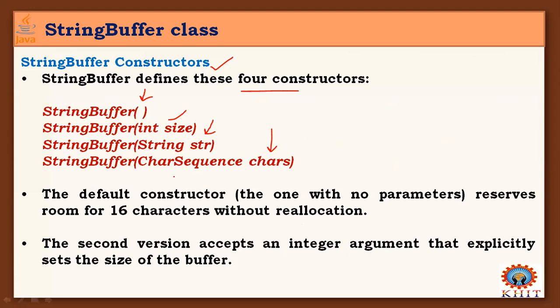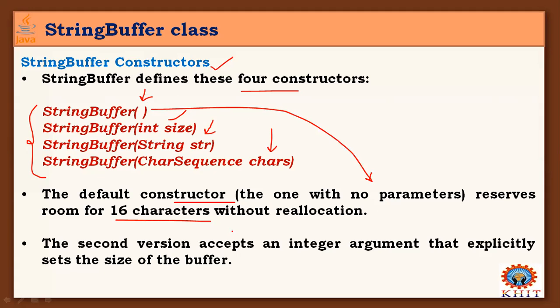So 4 different types of constructors are used to create a StringBuffer object. The default constructor, with no parameters, reserves room for 16 characters without reallocation. That means once the StringBuffer object is created using this constructor, it reserves space for 16 characters without reallocation.